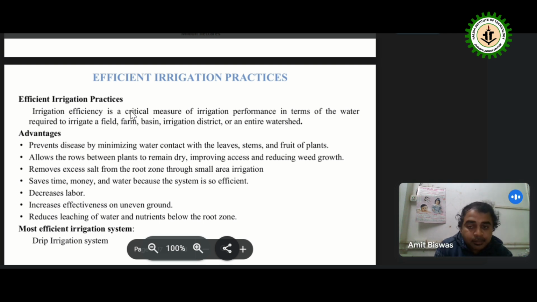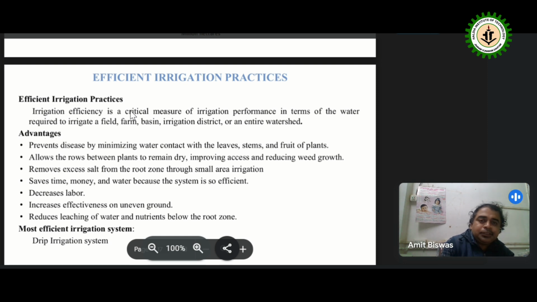It saves time, money, and water because the system is so efficient. It decreases labor requirement. It increases effectiveness on uneven ground. It also reduces the leaching of water and nutrients below the root zone.